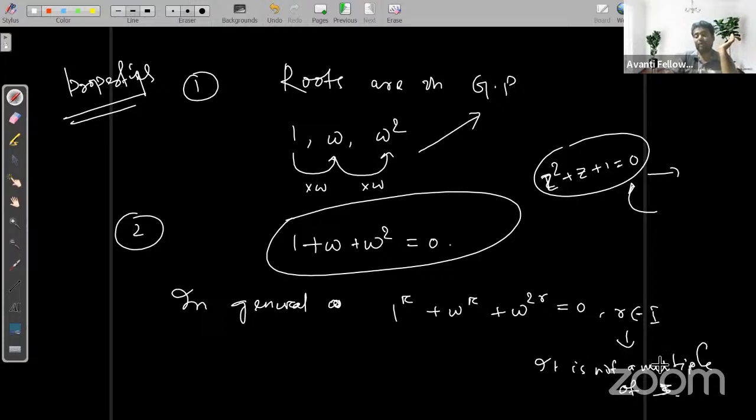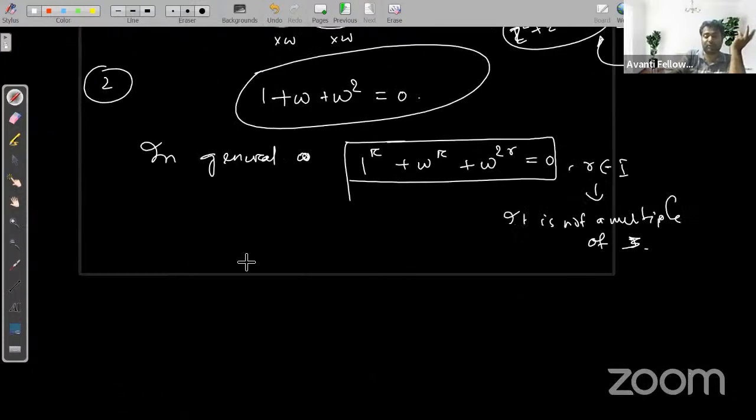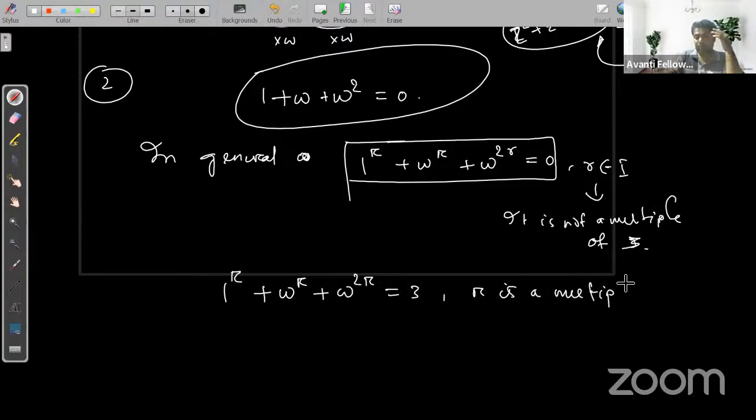When r is not a multiple of 3, 1 to the power r plus omega to the power r plus omega to the power 2r gives you 0. If r is a multiple of 3, what will happen? Then 1 to the power r plus omega to the power r plus omega to the power 2r gives you 3, when r is a multiple of 3.